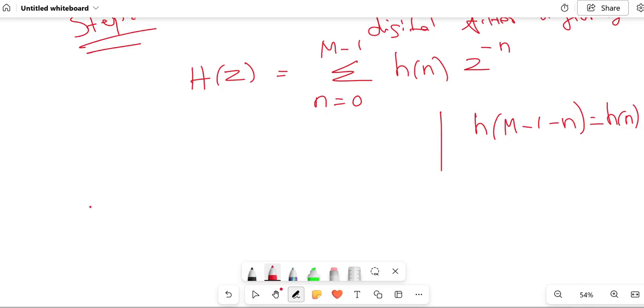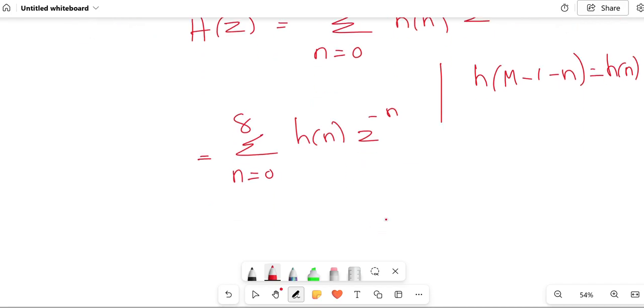So the summation of n equal to 0 to 8 of h(n) z to the power minus n. Since it's symmetrical, you can implement this one.